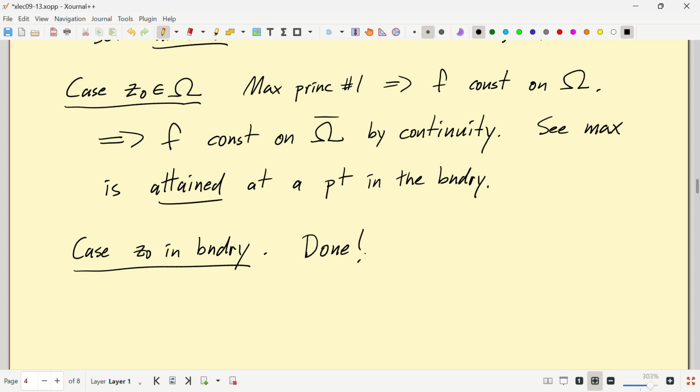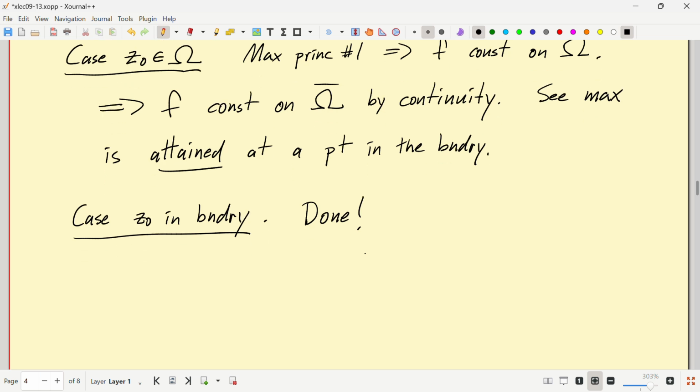Let's see. Got some minutes to mess around with. Now you might ask yourself if there's a minimum principle. Let's see. Example. Here's a remark. Z to the n shows there's no minimum principle because it's obvious that the modulus of z to the n is 0 at the origin.